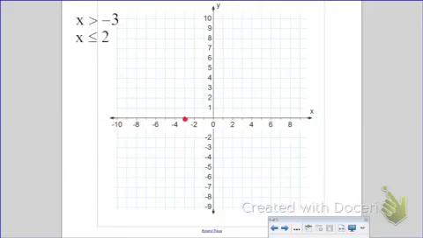And now I'm going to draw a dotted line going down through this point. The other one is at x equals positive 2. Right there. And let's see if this one has an or equal to. It does. So this one is definitely going to be a solid line this time.